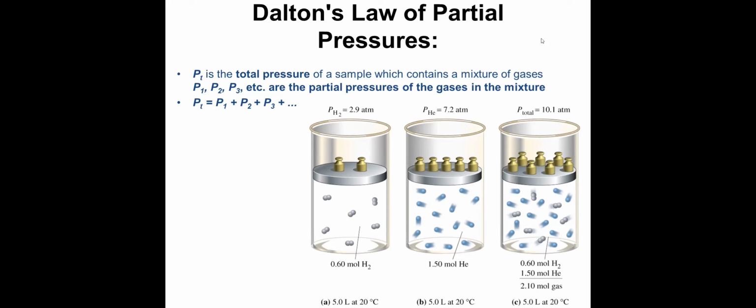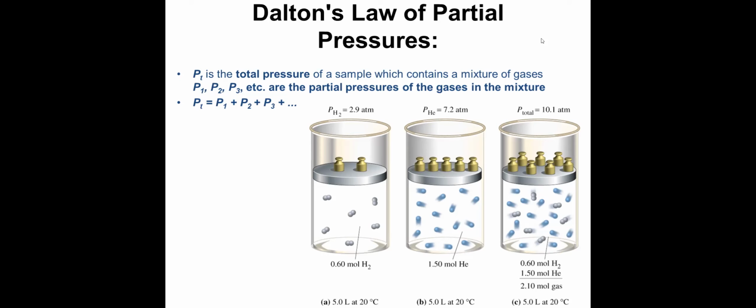If we look at our example in figure A, we're keeping the volume and the temperature constant. And what is going to change here is actually the partial pressure and the molar concentration. So figure A shows a partial pressure of hydrogen of 2.9 atmospheres.